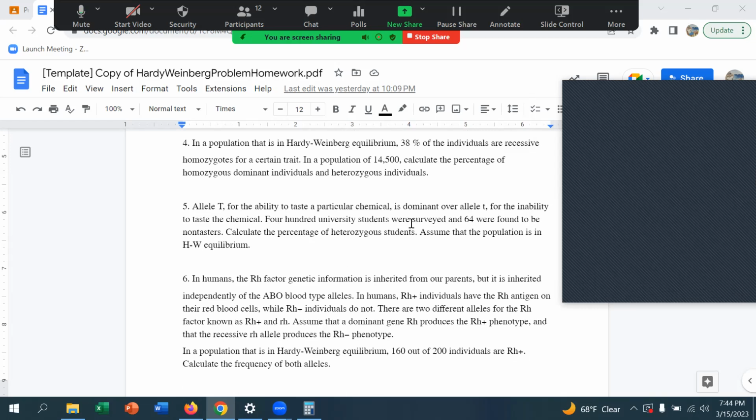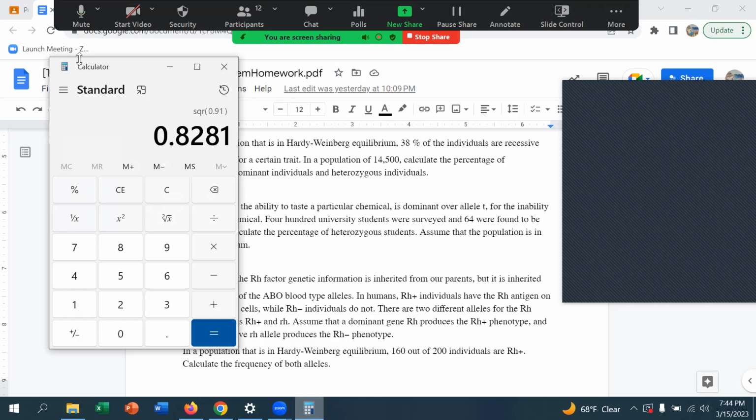Those are the ones that can't taste. So we'll take 64 and divide that by 400 to find out what Q squared is, because that's the amount of people.